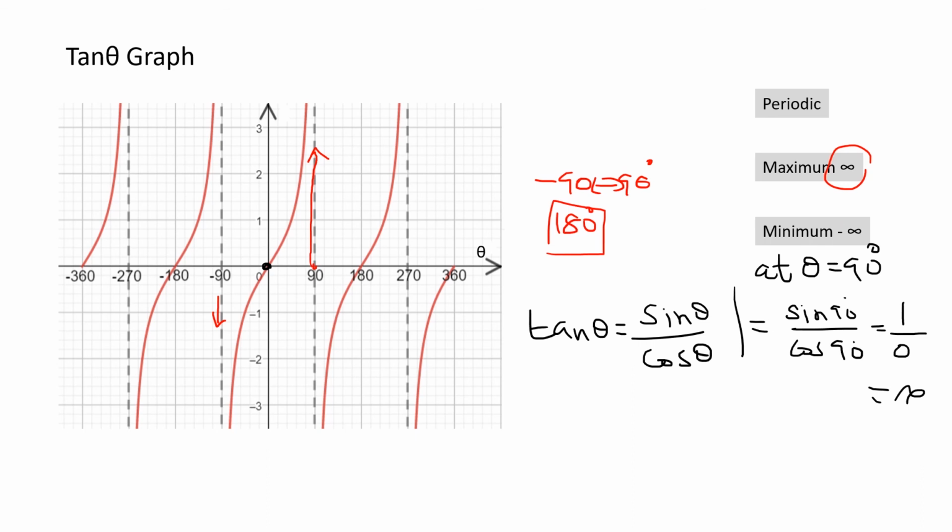And you can see, since this graph is not touching, there is no answer for when the angle is 90 or 270. So this is called asymptotes. So you should know how different graphs are varying for different angles.